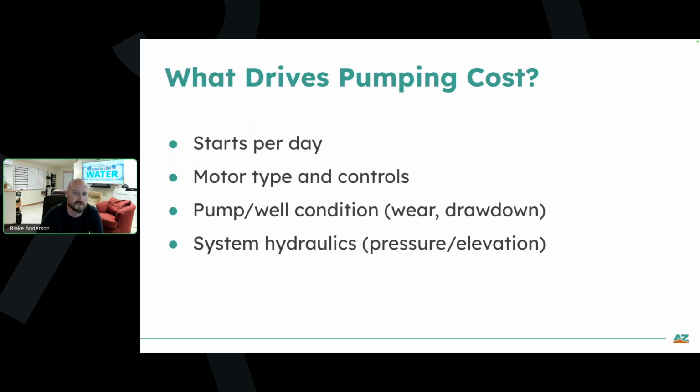You guys probably already know, just being in the industry, that your starts and stops are not only your highest energy demand, but they have a big impact on how long your motor will last. And so, it's abrupt to get something going from 0 RPMs to over 3,000 RPMs in an instant. And so that's a lot of wear and tear.